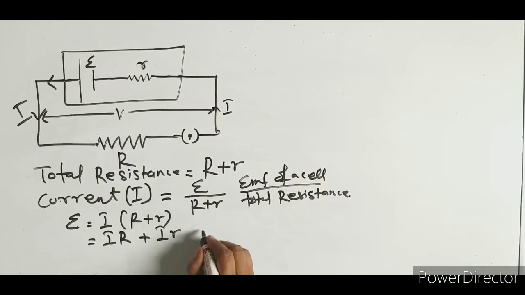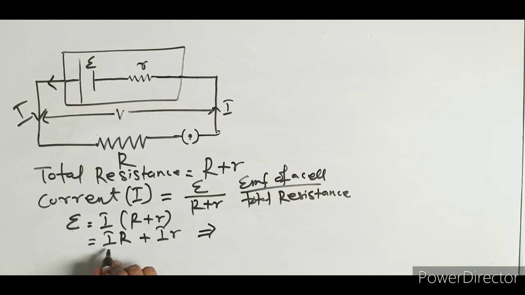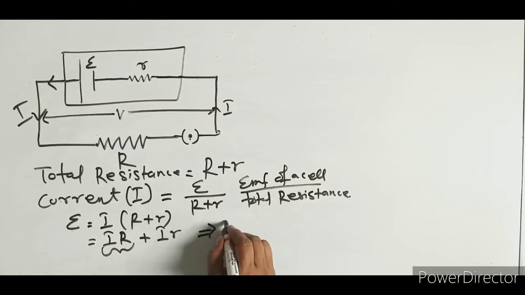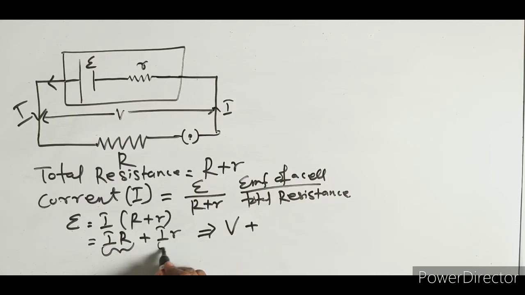Understood? So what can I represent? I can represent V equal to IR. So this one will be capital V, this is the terminal voltage. This one, I times R plus small r, this one will be E. Clear, no? This one we already know: E equal to V plus small v.